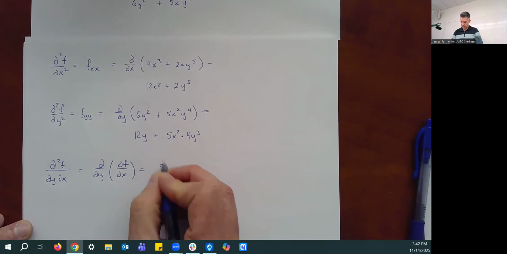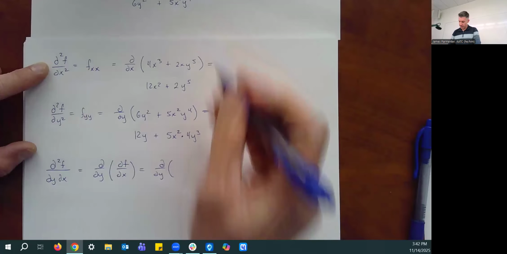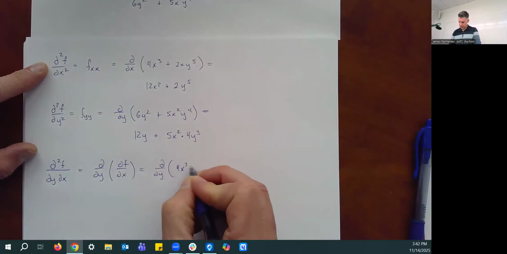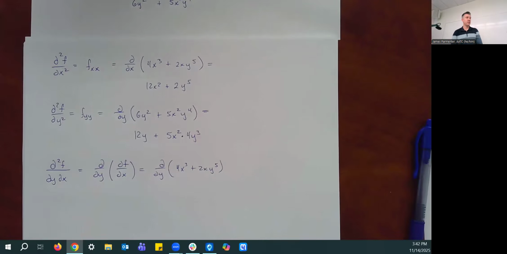So that's going to be del del y of my first f_x, which was 4x cubed plus 2xy to the fifth.